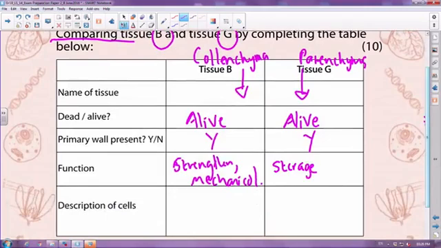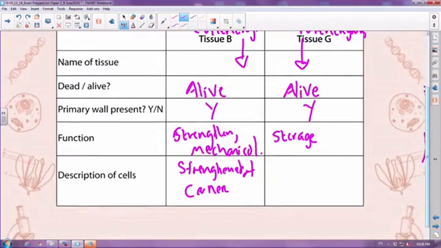So, the description of cells, putting all of this into the description. My sclerenchyma is strengthened at the corners. That's very important, the corners. Let me write that better.